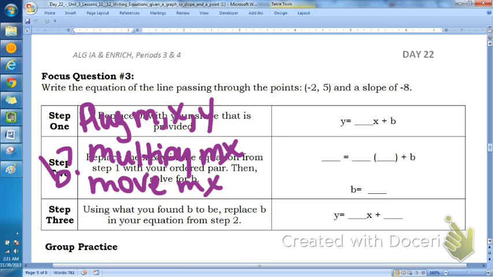And then finally your third step is to plug in the b value that you just got in the previous step and m back into the original equation.